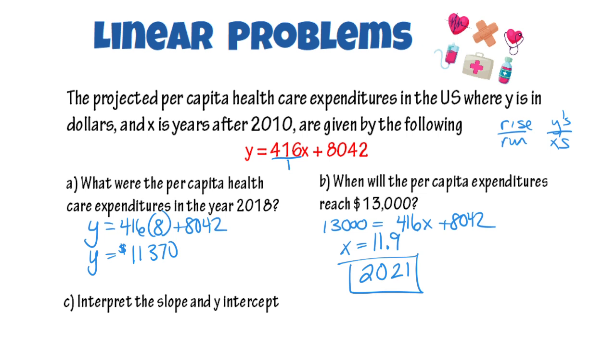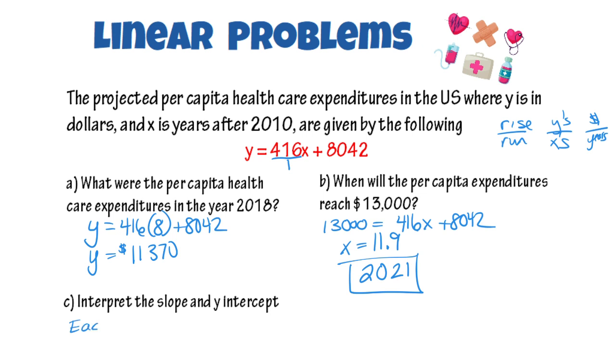So my numerator is my y, which is money. My denominator is x, which is the years. So when I see 416 over 1, that means each 1 year, got lucky because it's a 1, the expenditures are increasing because this is positive, $416. That's what I would write.